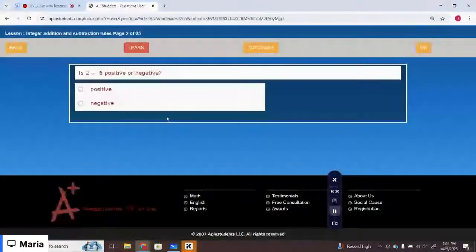Next, 2 plus negative 6, positive or negative? Here we have negative 6. 6 is a greater number that has a negative sign. That means the answer must be negative.